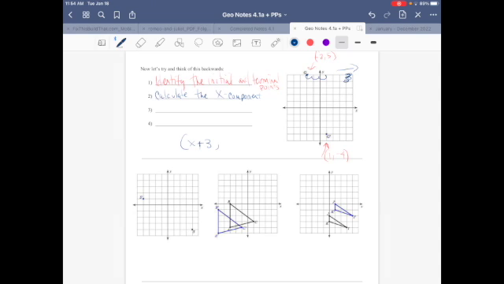Then how much did we go down? I went down 1, 2, 3, 4, 5, 6, 7, 8, 9. We went down 9. So that's going to be y minus 9. So this is our translation. You could also write it like this as a vector.